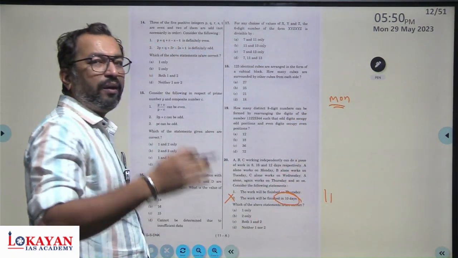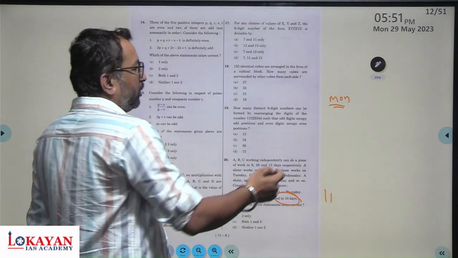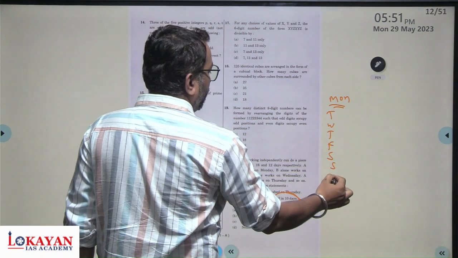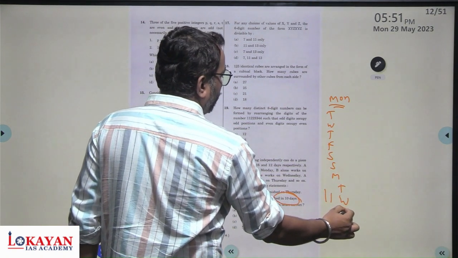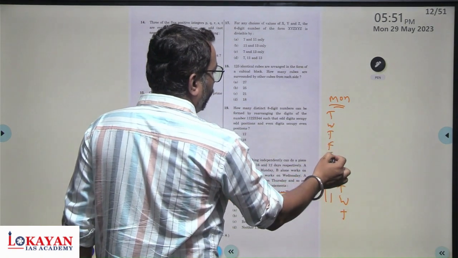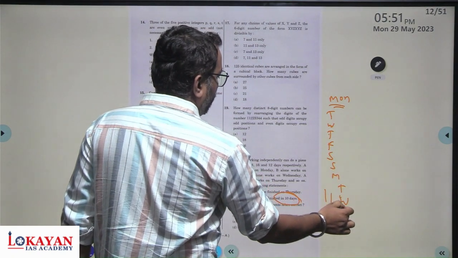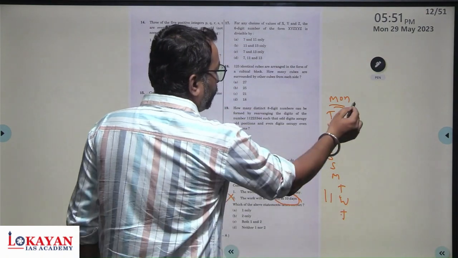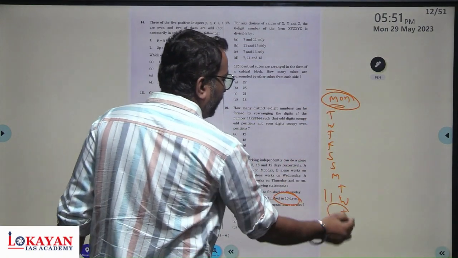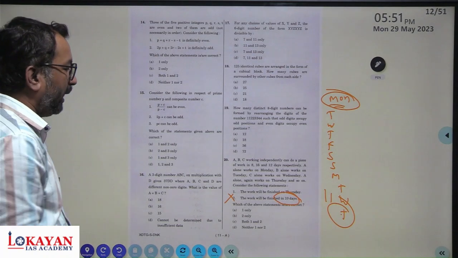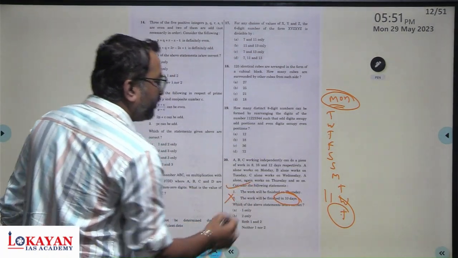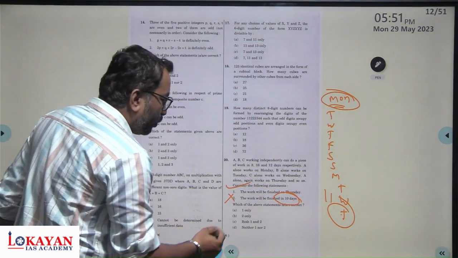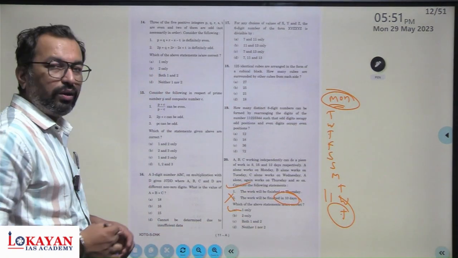So from that, 11 days will be Tuesday, Wednesday, Thursday, Friday, Saturday, Sunday, Monday, Tuesday, Wednesday, Thursday, 1, 2, 3, 4, 5, 6, 7, 8, 9, 10. Oh, we have to consider Monday also. So Thursday will be the 11th day. So the work will be finished on Thursday is a right conclusion. So only statement 1 is correct.